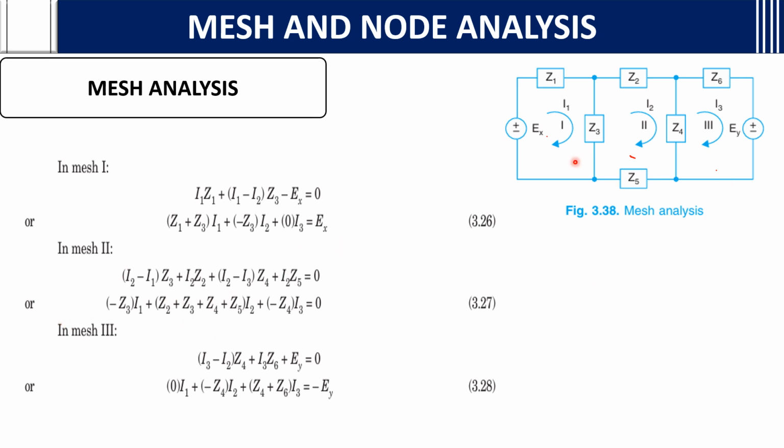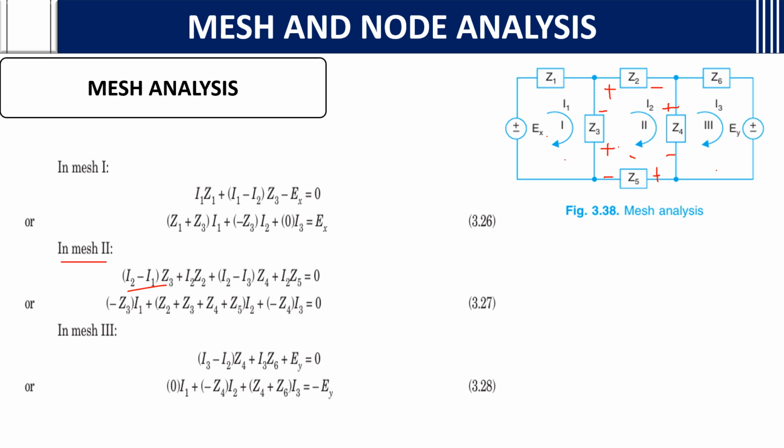In the same way we'll analyze mesh 2. When analyzing mesh 2, put plus, minus, plus, minus, plus, minus, plus, minus. While considering mesh 2, we need to consider the mesh 2 current first for Z3. So Z3 into I2 minus I1 we need to write.